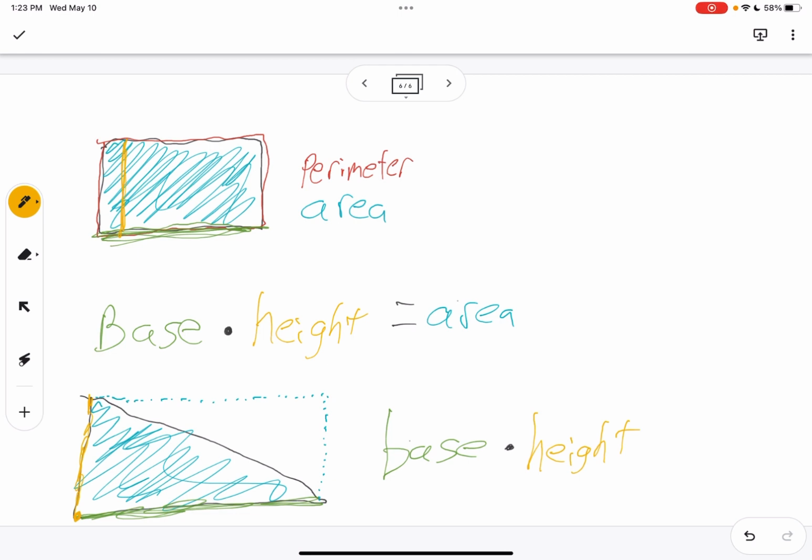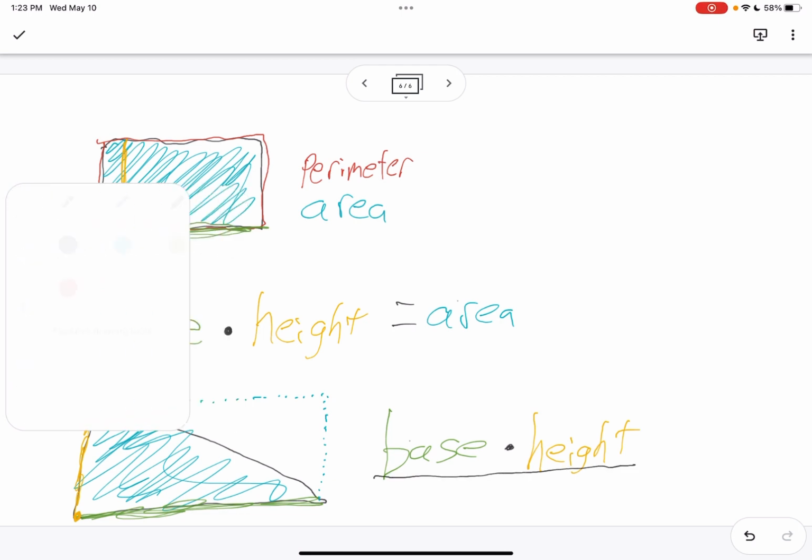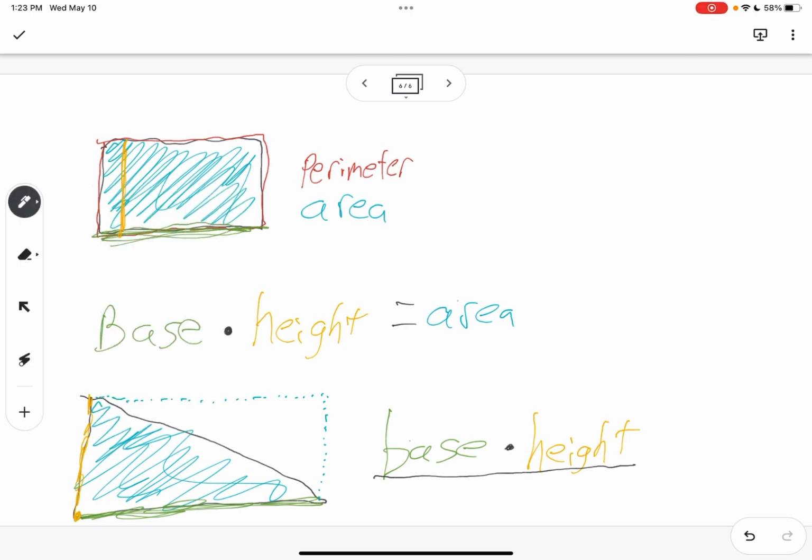But then, because it takes two triangles to make a rectangle, it's half of a rectangle, we're going to divide whatever base times height is, we're going to divide it by 2. And then that is going to give us the area.